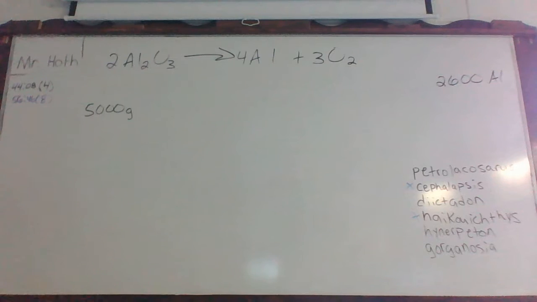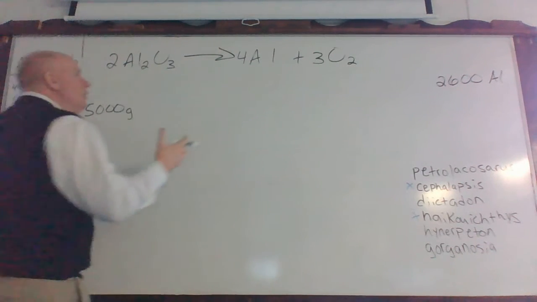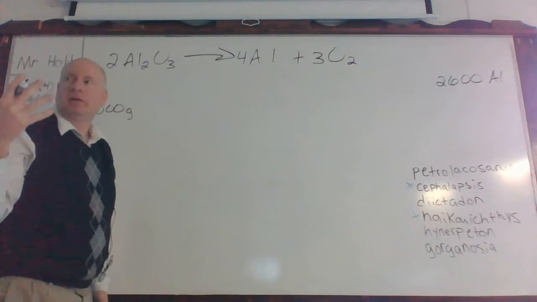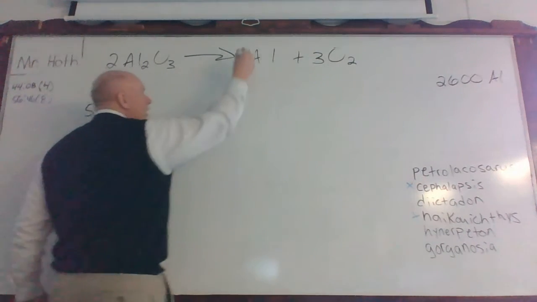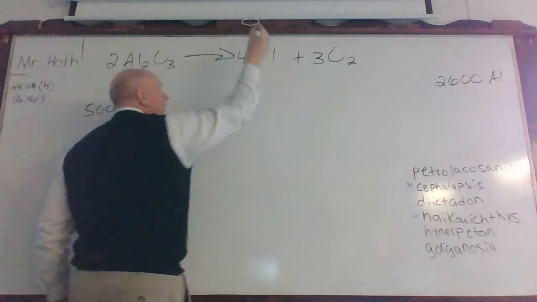So, now, with this, we've got 5,000 grams of aluminum oxide. The question was asking, in this decomposition reaction, how many grams of aluminum are going to be produced? Okay? So, just for future reference, does this help you out when we do that?